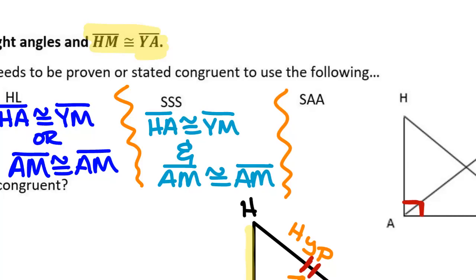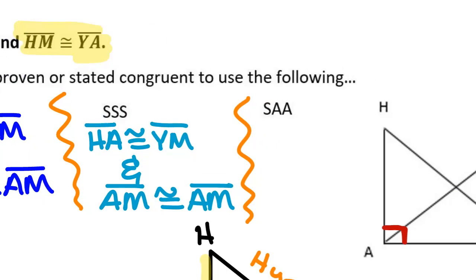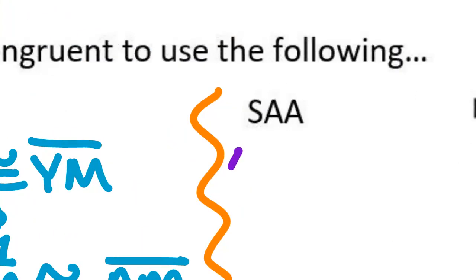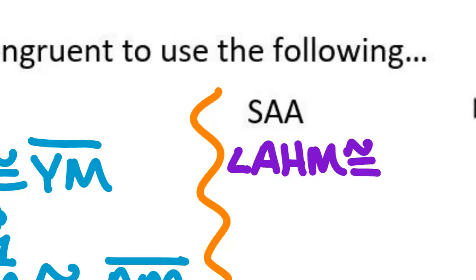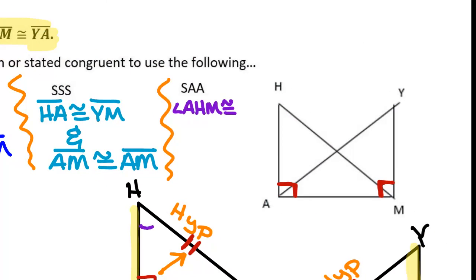If I was going to use side angle angle, I already have one pair of angles that are congruent to each other. A and M are congruent. To use angle angle side, or side angle angle, I would also need to know that angle H, or AHM, is congruent to, this is angle AHM right up here.